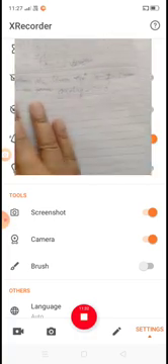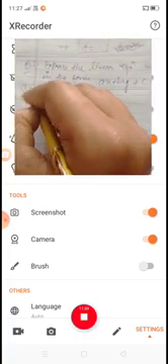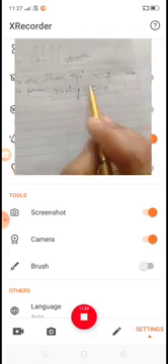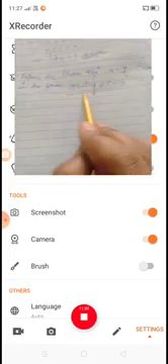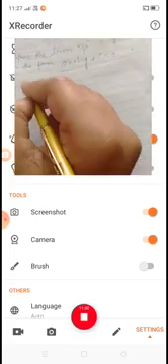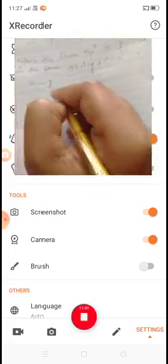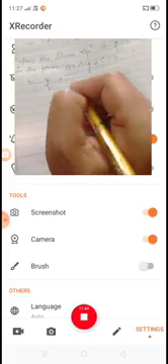Okay, express this linear equation in this form. Okay, the given equation is x minus y by 2 minus 5 is equal to 0.